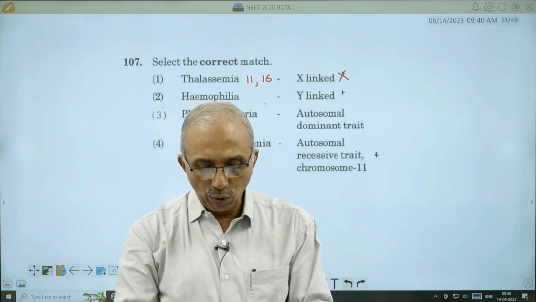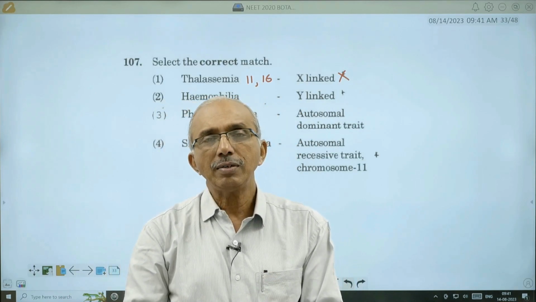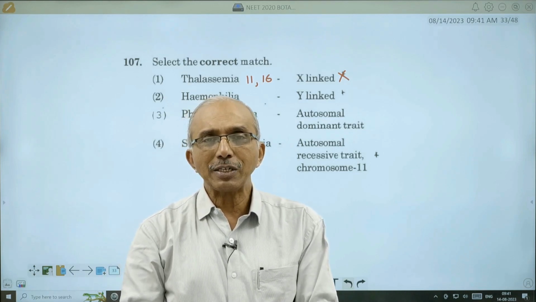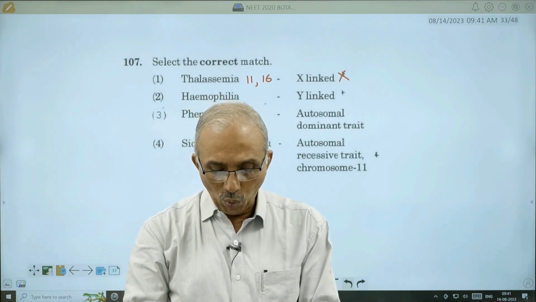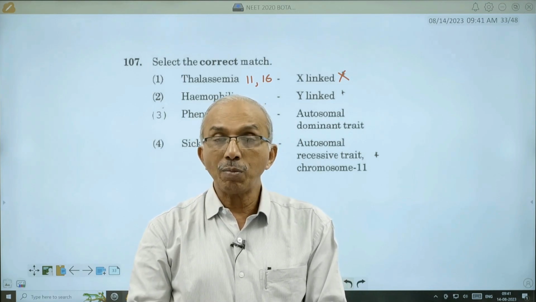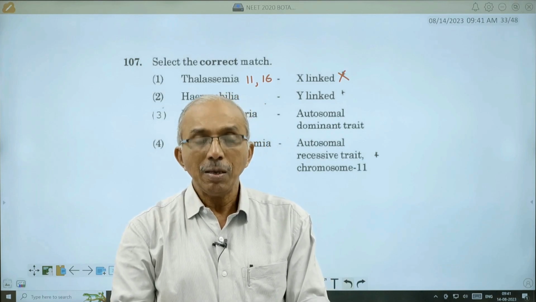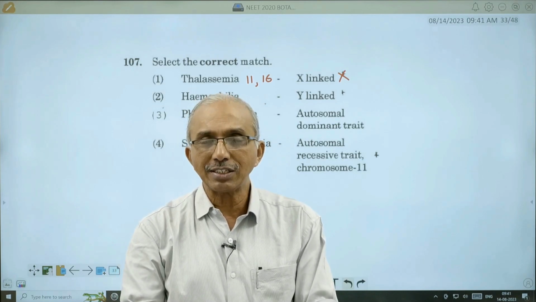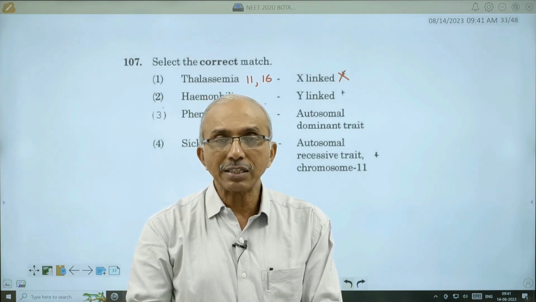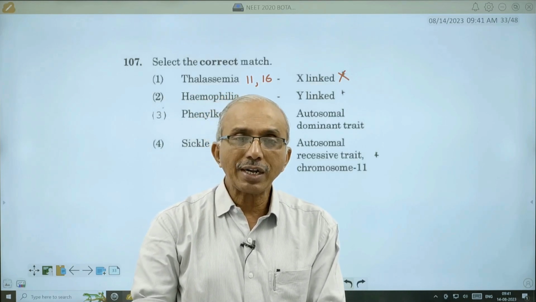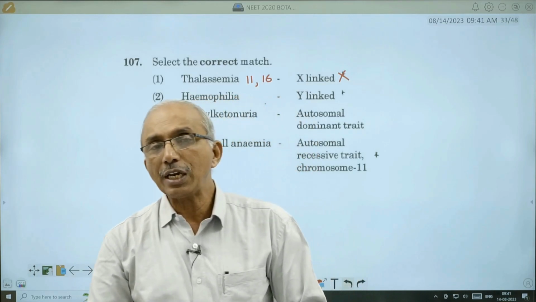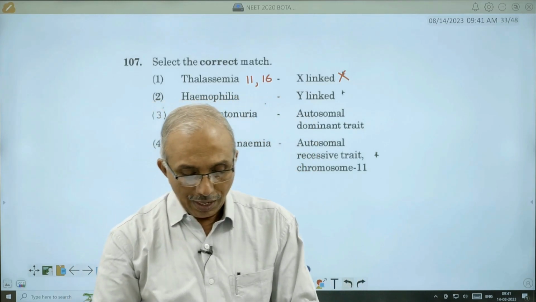It is due to recessive alleles present on chromosome 11 and chromosome 16, because there are two types of thalassemia, alpha thalassemia and beta thalassemia. For one type, it is located on one chromosome. For the other type, it is located on the other chromosome.